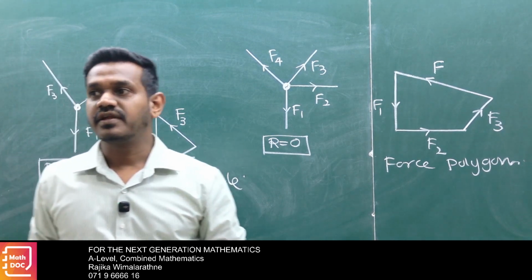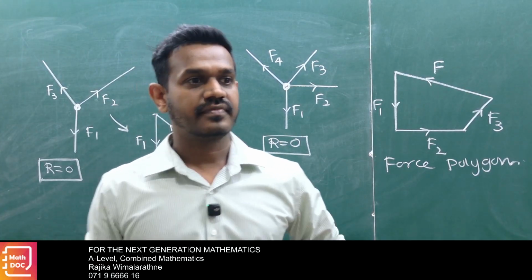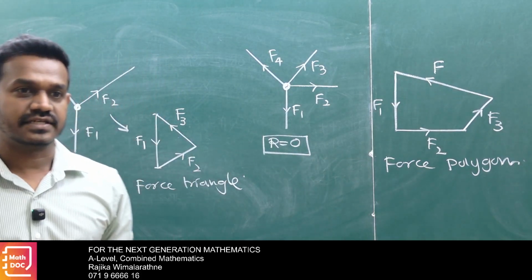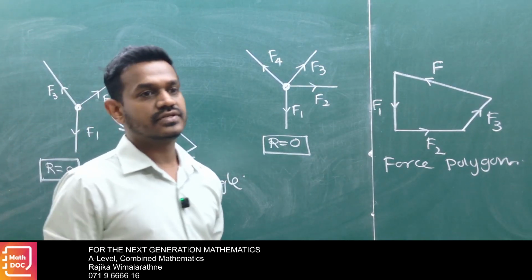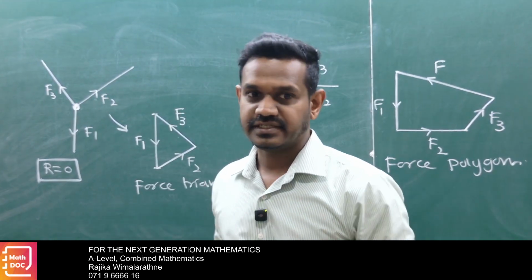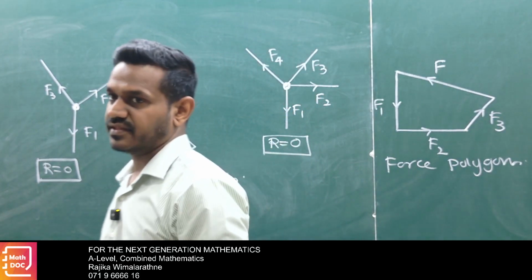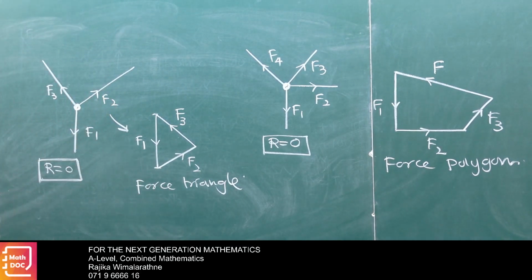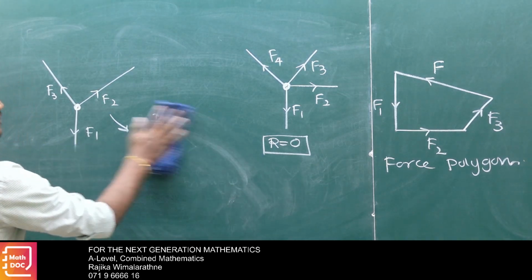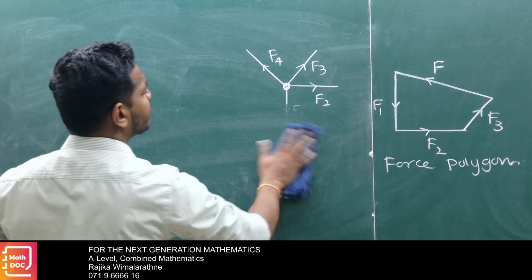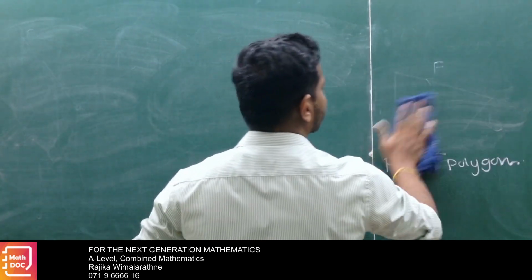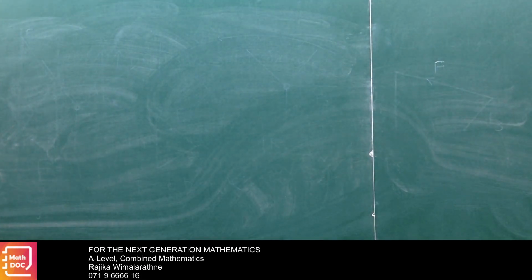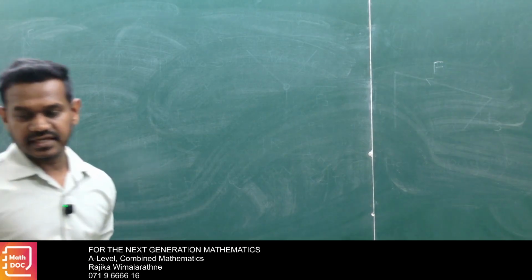Okay, write down. To sketch a force polygon by Bow's notation, consider the following steps.